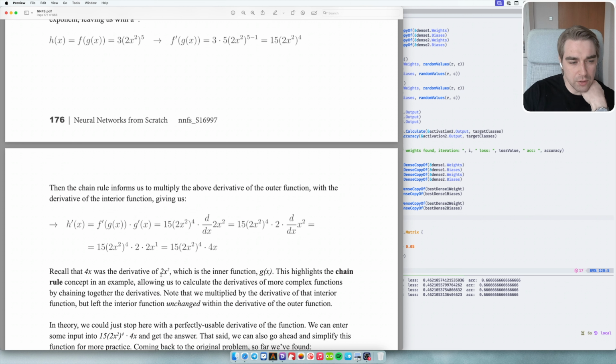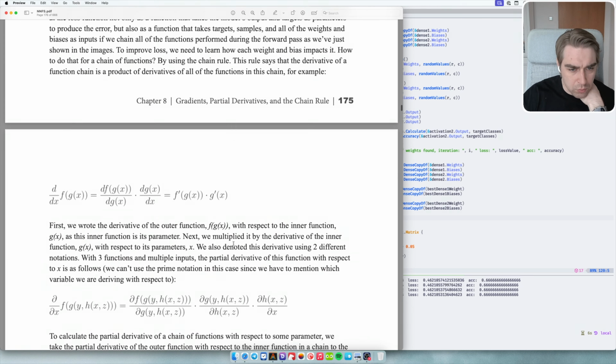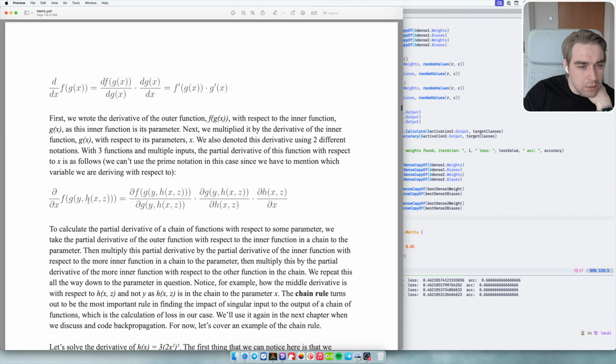That highlights the chain rule concept and example, allowing us to calculate the derivative. We're always taking a function, the outer function, taking the derivative of this outer function, then multiplying it with the derivative of the inner function, and so on.